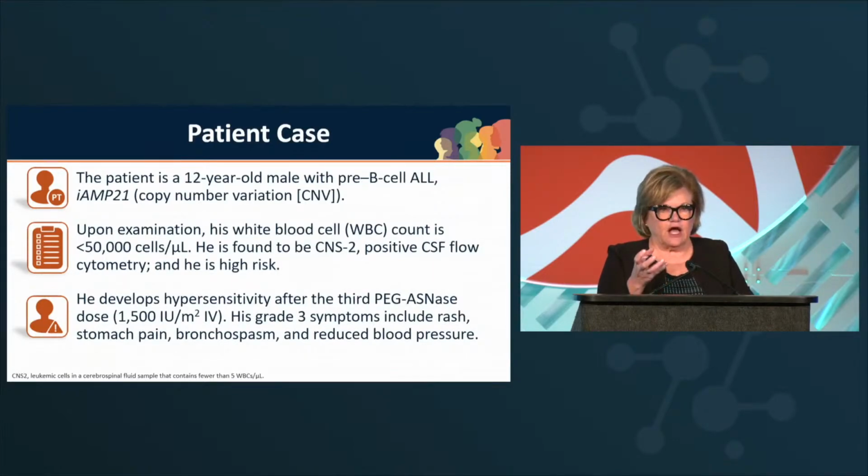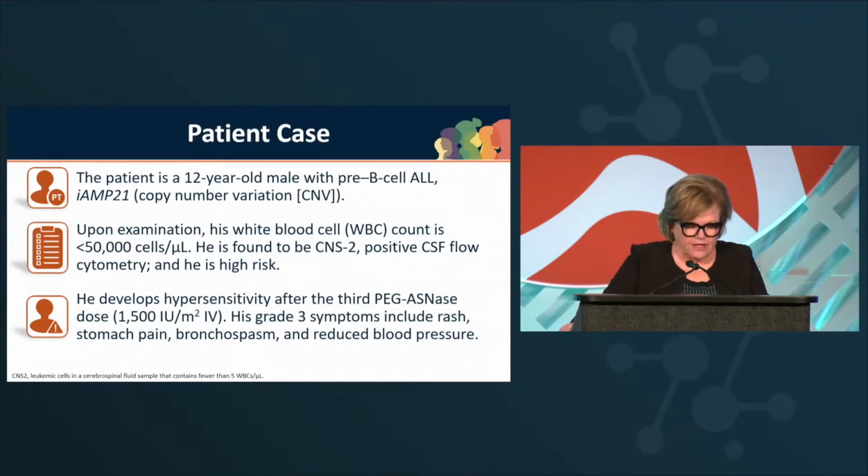And so we've got a copy number variation in that gene. So that places them at a bit more of the intermediate risk leukemia. On examination, we know he's got a white count of less than 50,000. He's CNS 2, and it's positive CSF by flow cytometry.